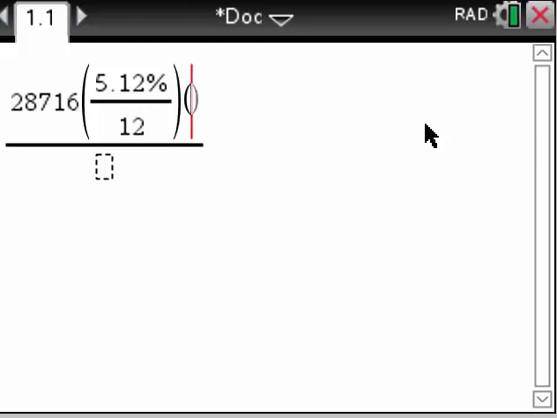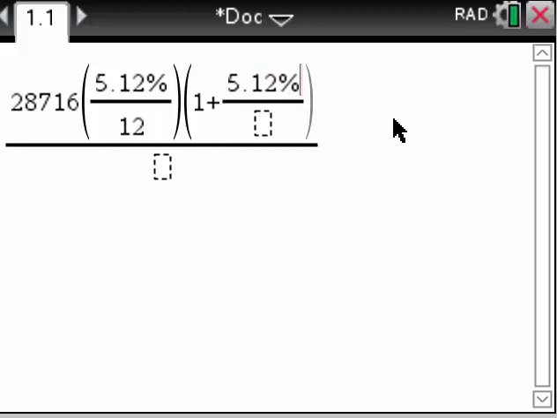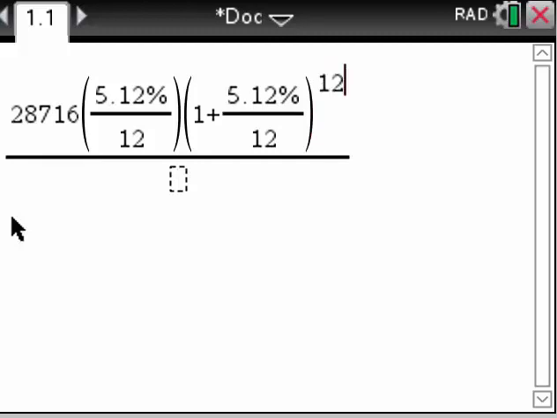Get out of that parenthesis, a new parenthesis, 1 plus a new fraction, so control division, 5.12, and then percent over 12. Get out of that parenthesis, hit the caret button, which looks like the upside down V. It's next to x squared.